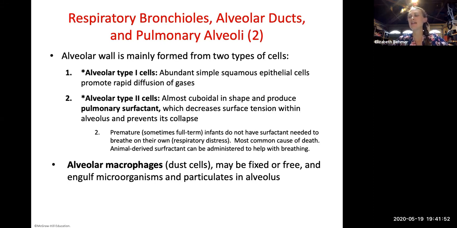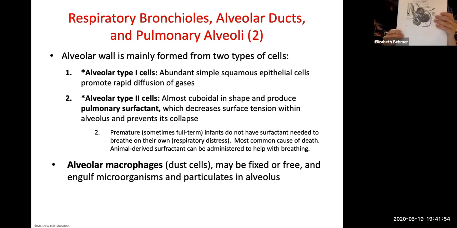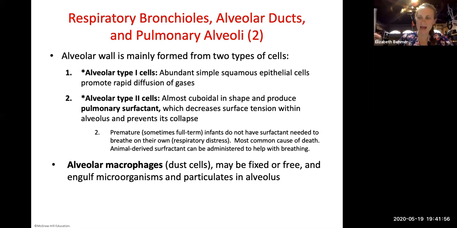So if you're still looking at this picture on your notes of these alveoli, you'll notice that they're like little ball-shaped structures. And without the surfactant produced by these cells, those alveoli will collapse. And if they collapse, that means air can't stay within them and get to the capillaries that are surrounding them.